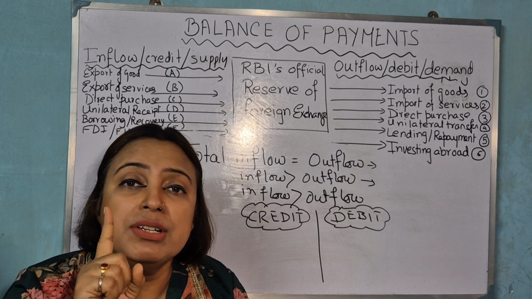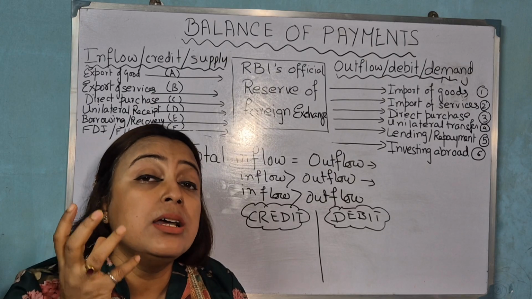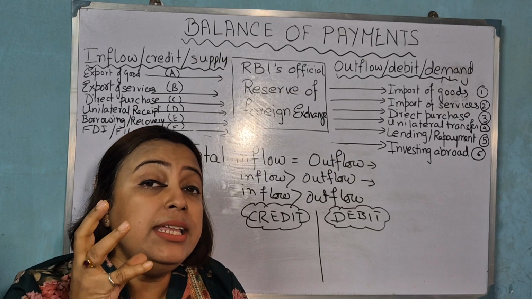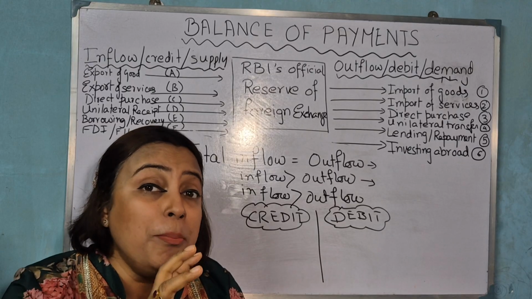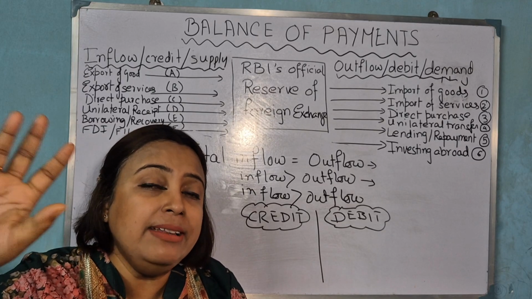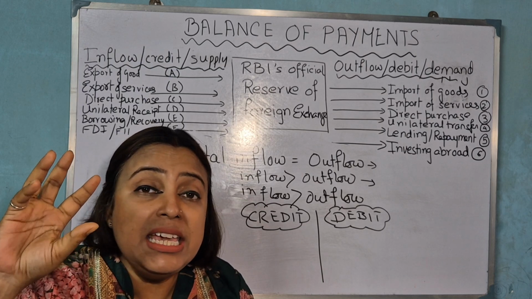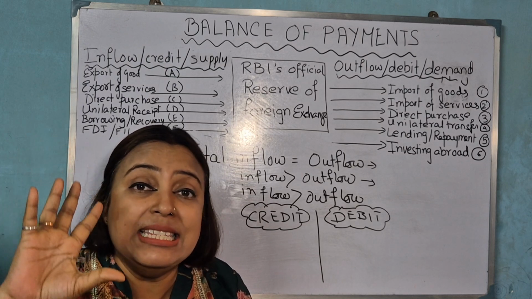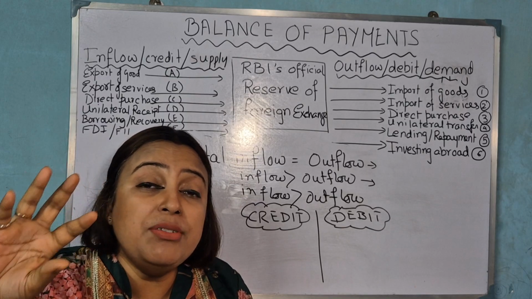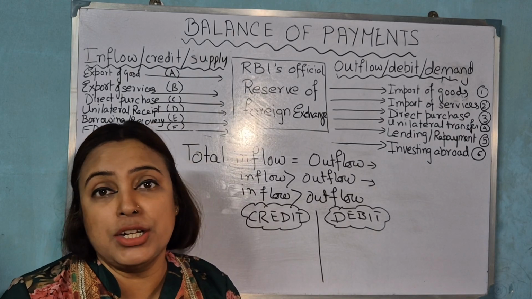That means the Reserve Bank of India now has surplus foreign currency in the balance of payment account, and from that account they are going to withdraw that surplus and put it in the official reserve. Now, RBI will never keep the surplus amount lazy. They will try to lend it out for speculative trading in the international market.